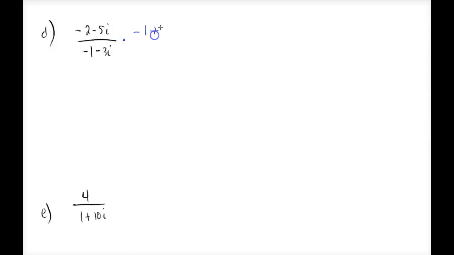We have a negative 1 plus 3i. And for our denominator, we know that it's just going to be negative 1 squared plus negative 3 squared. And in the numerator, we will multiply using the FOIL method as you normally would for a binomial.